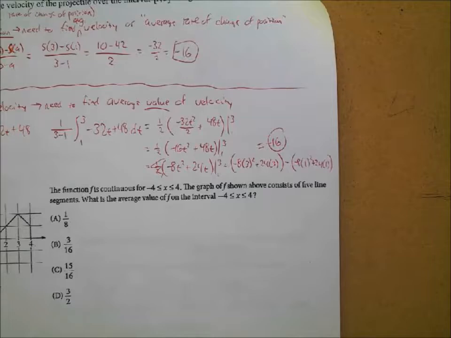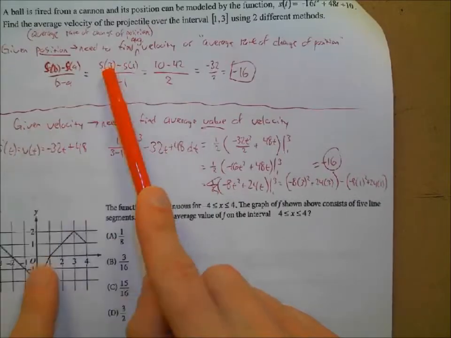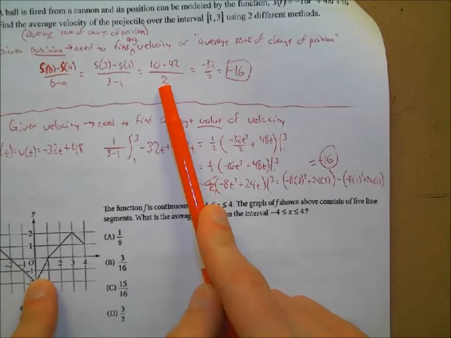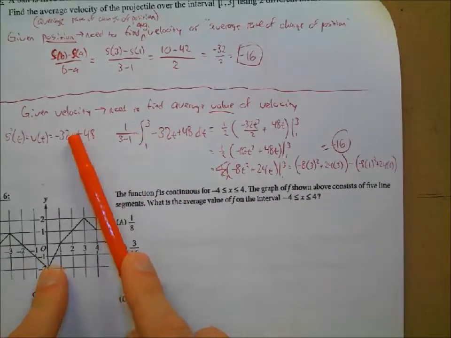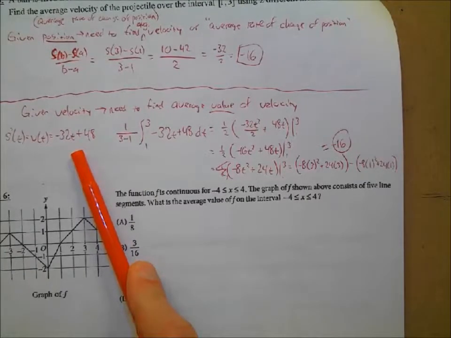So you can see two different ways of doing this. I mean, what did we do here? We did position minus position over 3 minus 1. So 10 minus 42 over 2, negative 16. What did we do here? Well, we found the velocity by taking the derivative of position, but then we turned right around and integrated the velocity.